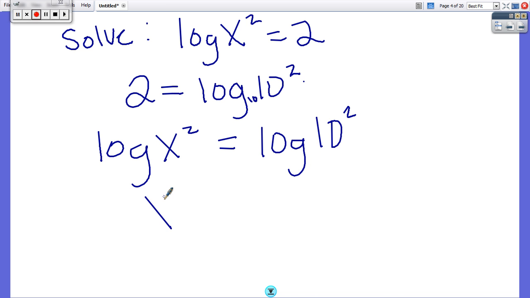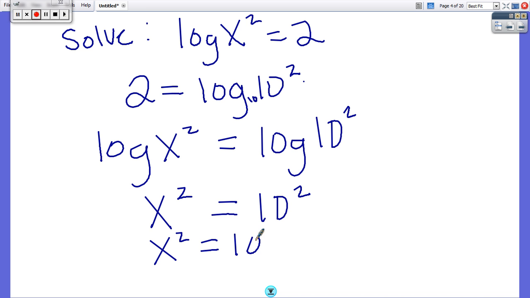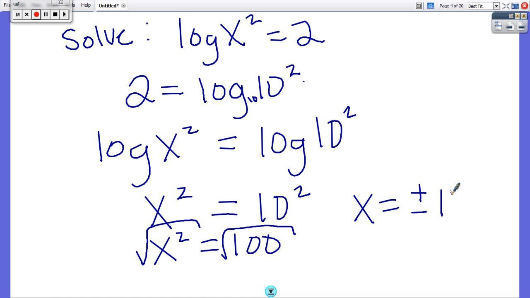So that means that x squared is going to be equal to 10 squared. So x squared is really equal to 100. And now I can take the square root of both sides, and I get x is equal to plus or minus 10. And that's how you solve that problem. Pretty easy.